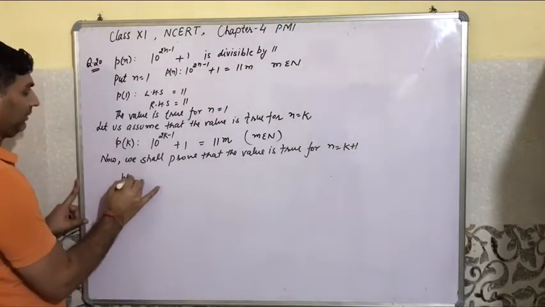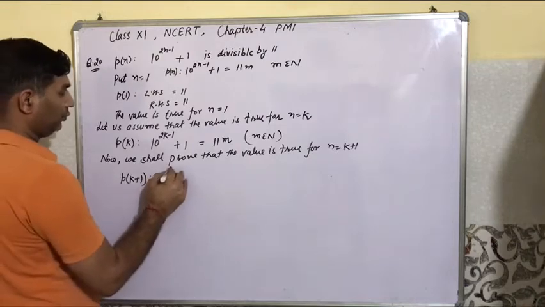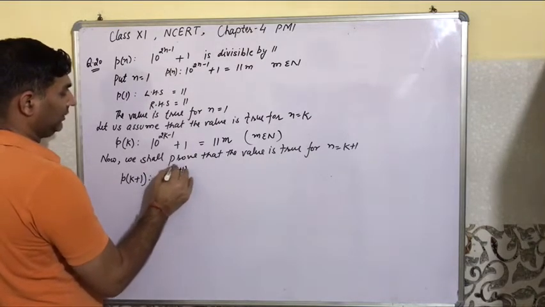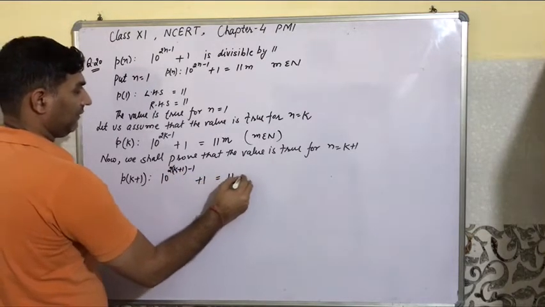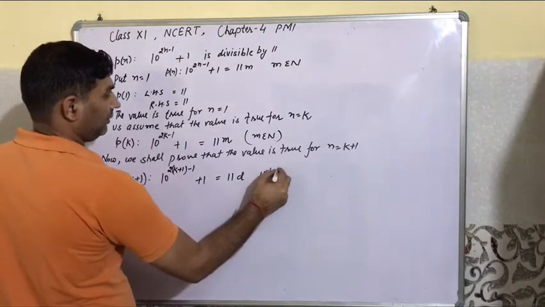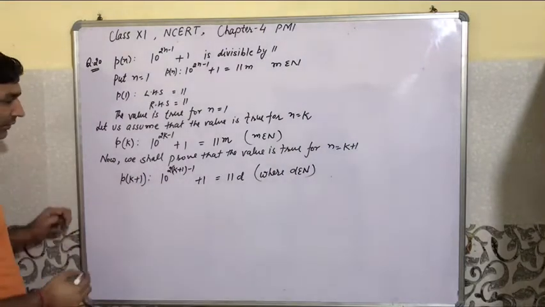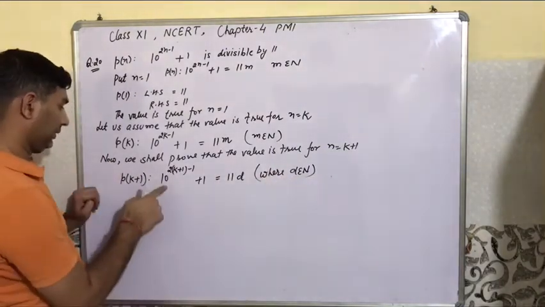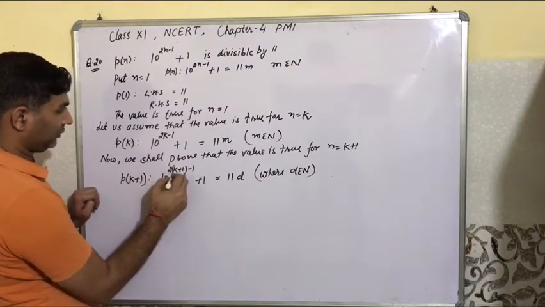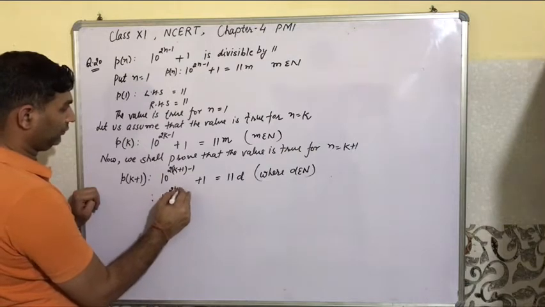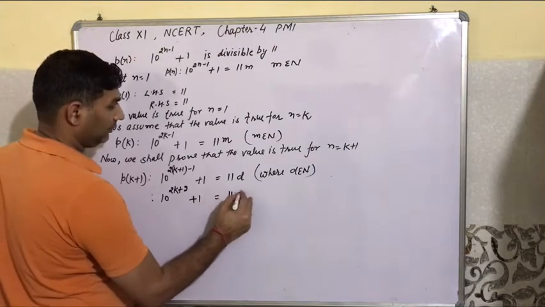Then P of k plus 1: 10 raised to power 2k plus 1 minus 1 plus 1 is equal to 11d, where d belongs to N, for some natural number. This 10 raised to power 2k plus 2 minus 1 plus 1 is equal to 11d.